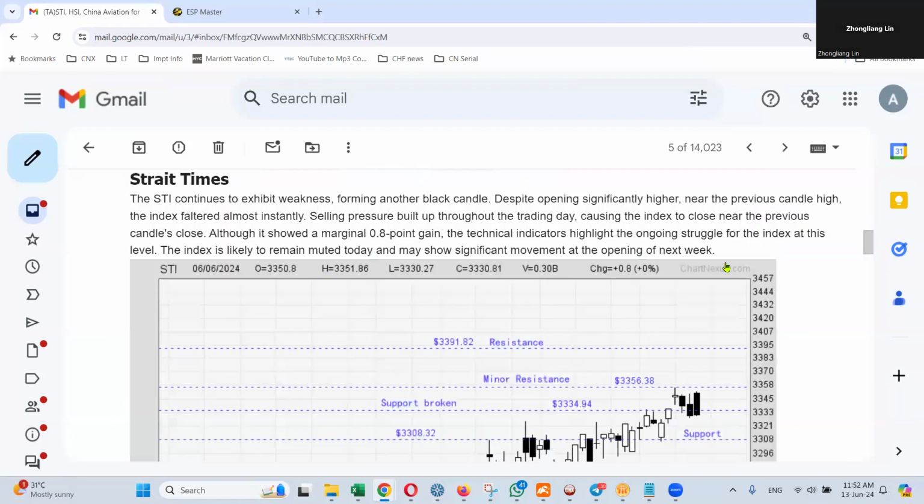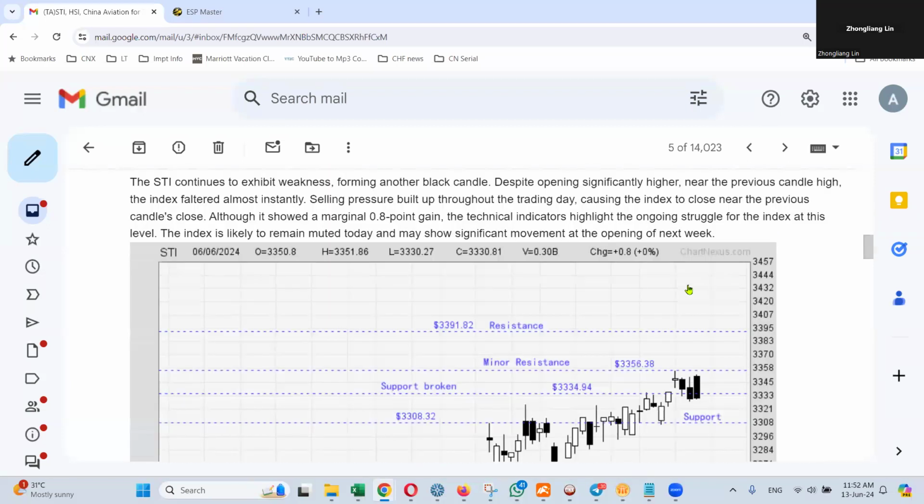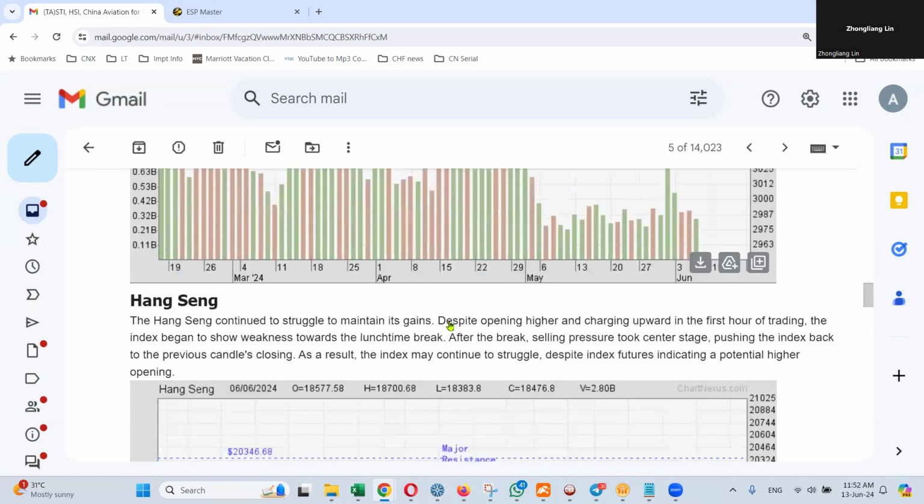Same for STI. But it's still bullish here, though. It's still bullish at this top. And you can see the STI starting to struggle again. See, open higher, close lower. So this is the sign of struggle, weakness that you can anticipate. So the chances to hit this 3391 resistance is definitely weakened.